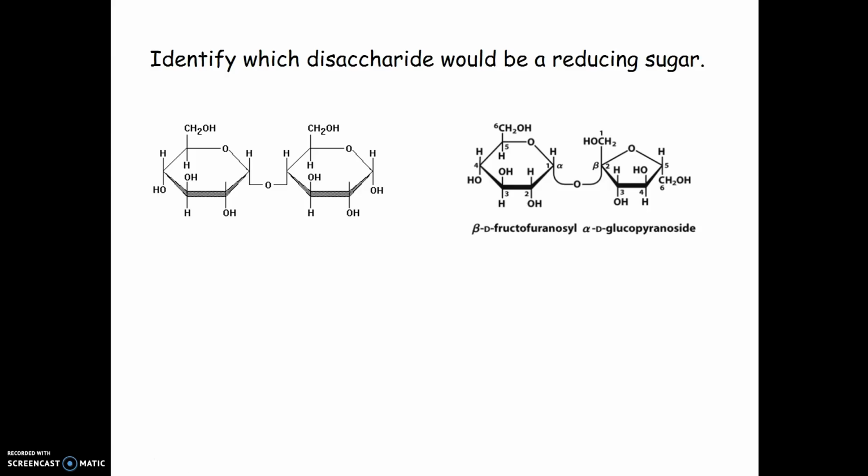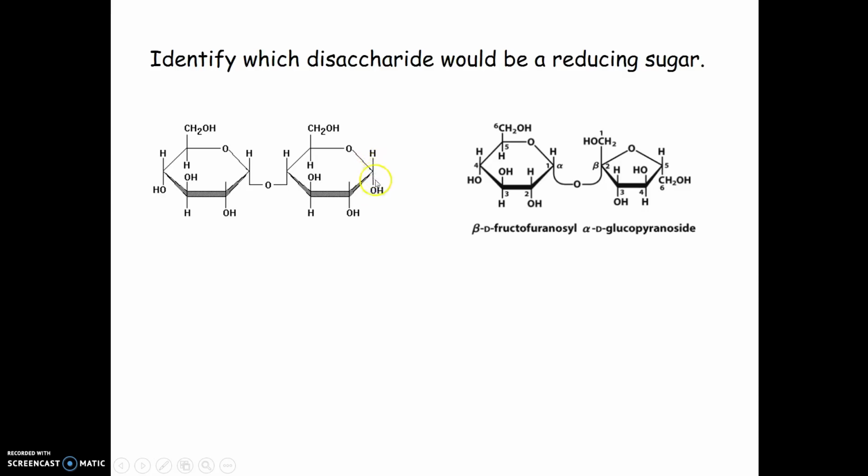All right, so to be able to identify which disaccharide would be a reducing sugar, remember, to be a reducing sugar, we have to look for the capability of having that hydrogen that can be oxidized on our anomeric carbon. So if we look at these two disaccharides, here is the anomeric carbon that's free.